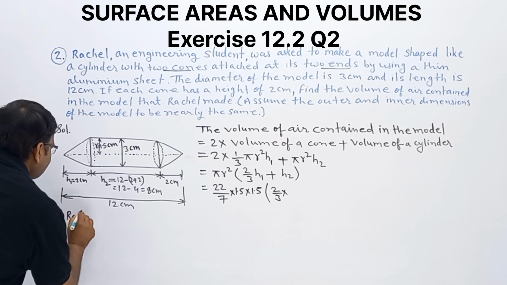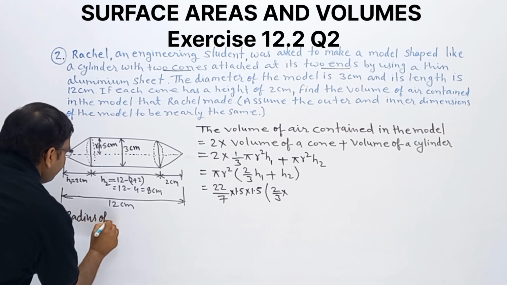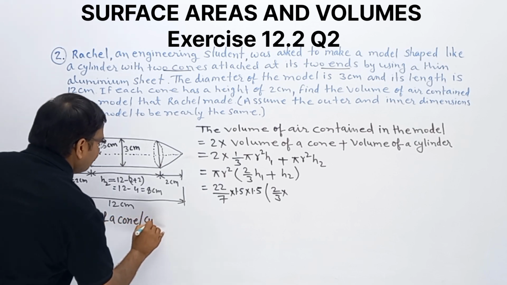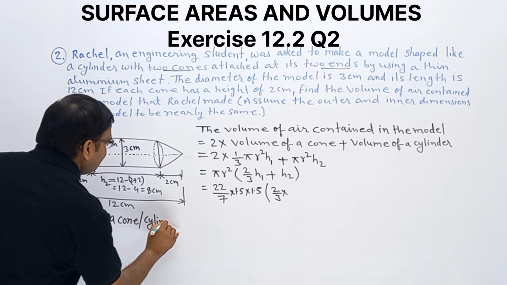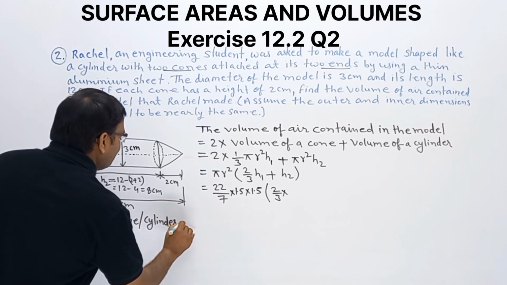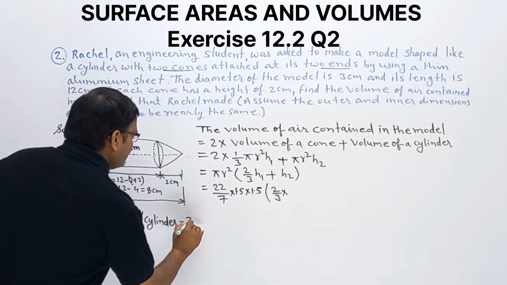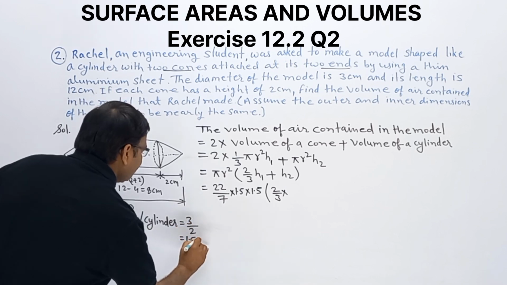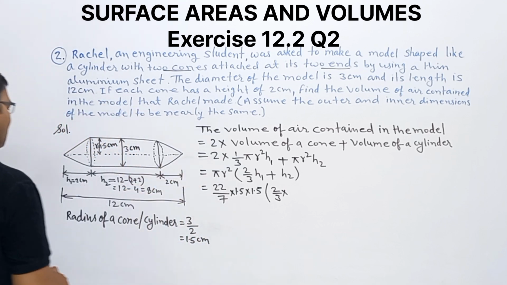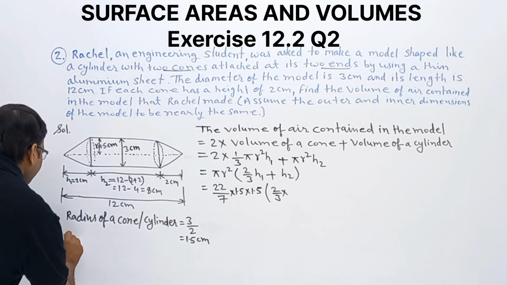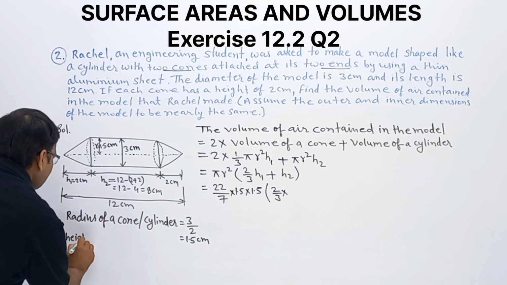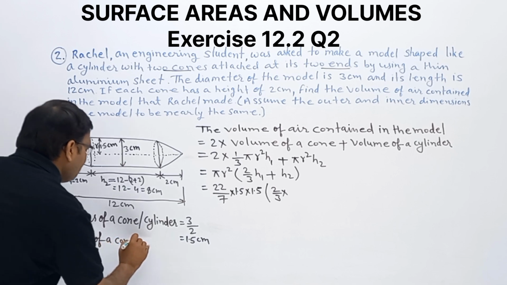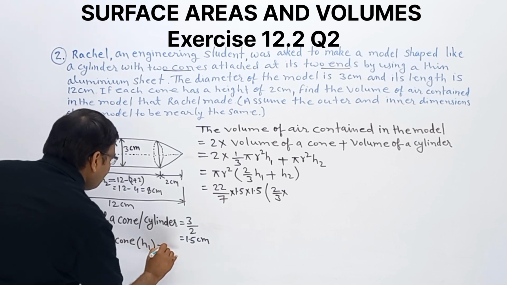Radius of the cone and cylinder is equal to 3 diameter, half will be the radius, 1.5 centimeter. Another thing, the height of a cone is h1, and it is 2 centimeter.